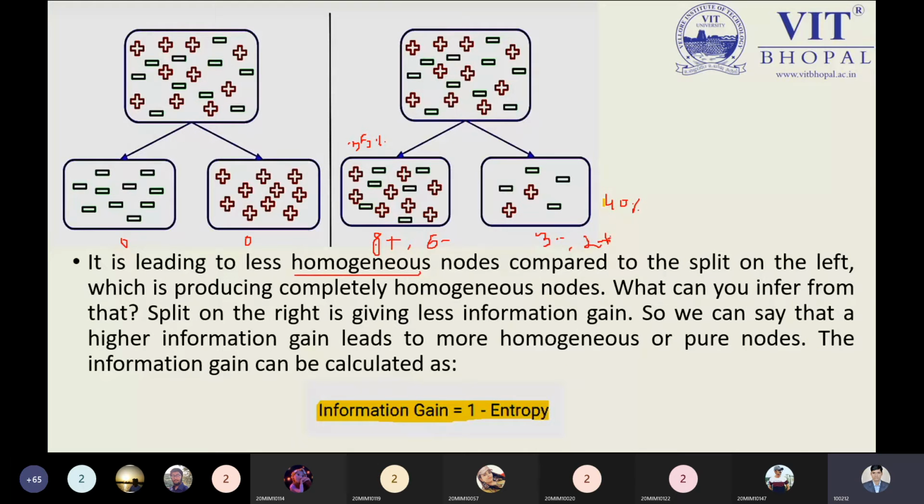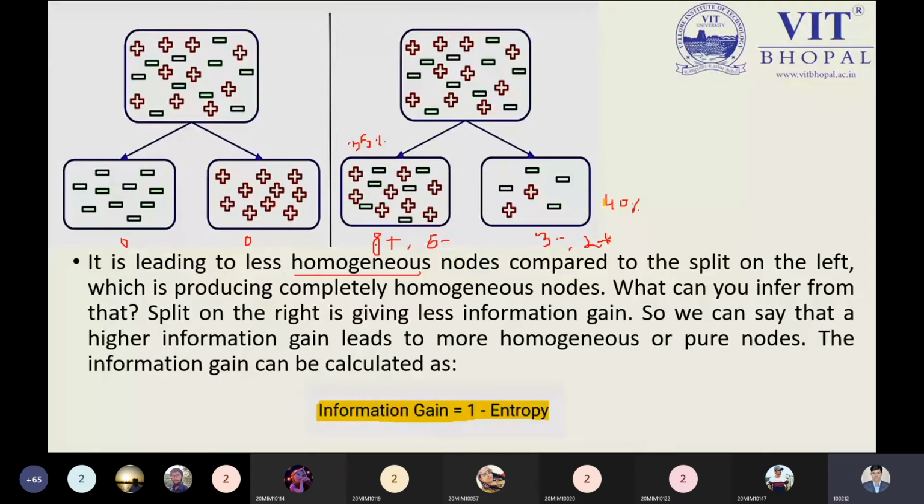So I have to apply the next feature, gender, to filter my data. But at the first level, where I applied the course specialization, I didn't get pure data. I have mixed data, so I have some impurity. That is the matter.